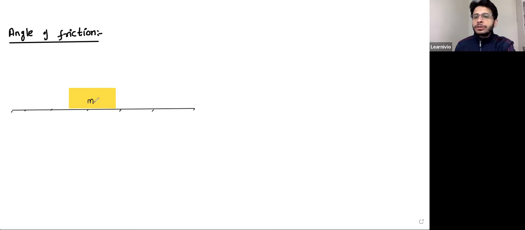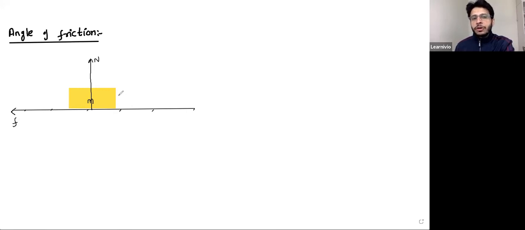if I place this body on the rough surface, this rough surface will exert a normal reaction over the body and a frictional force will act on the body.